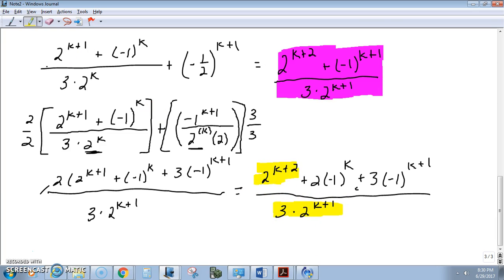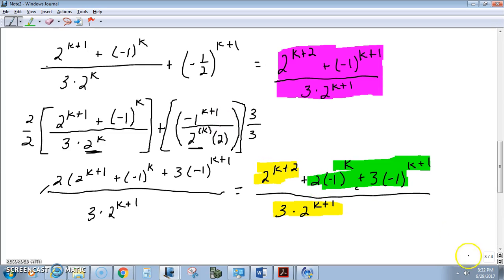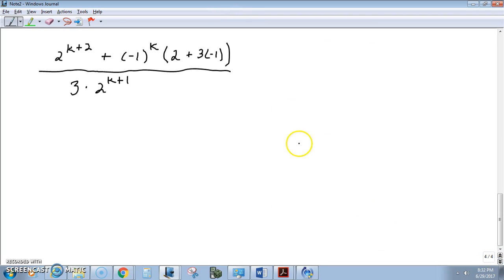So I just needed to figure out, how do I make this equal to negative 1 to the k plus 1? So what I did was I factored out a negative 1 to the k power right here.